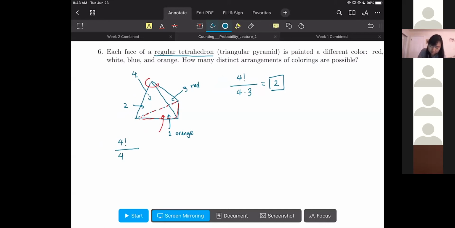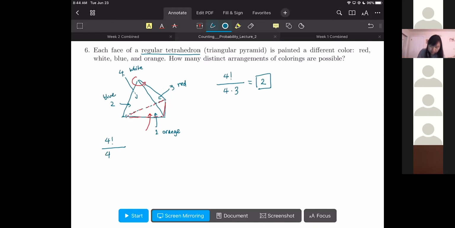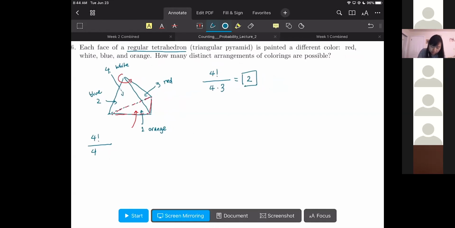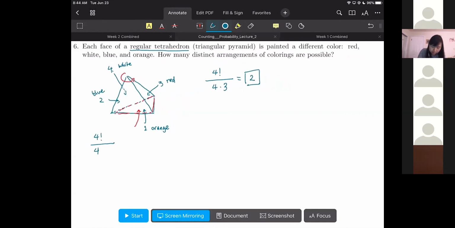Let's label all of them. Let's say this is white, this is blue. That's the same as if we colored this one orange, this one red, this one white, and this one blue. It's just that we rotated it. And so in that case, there's actually 3 rotations that we haven't accounted for. So we need to also account for that.